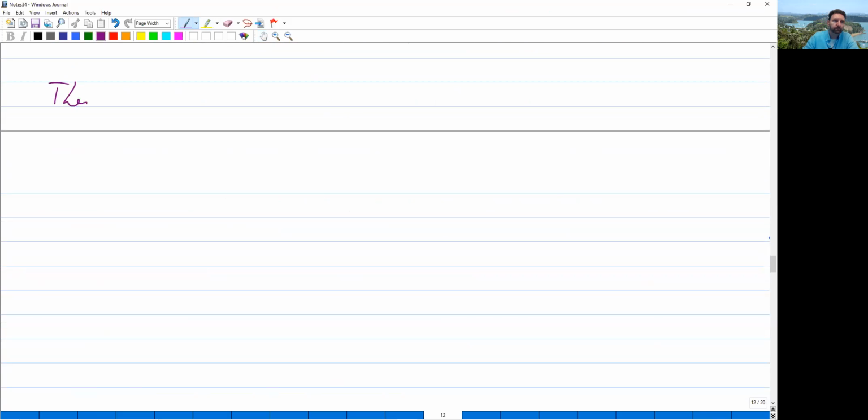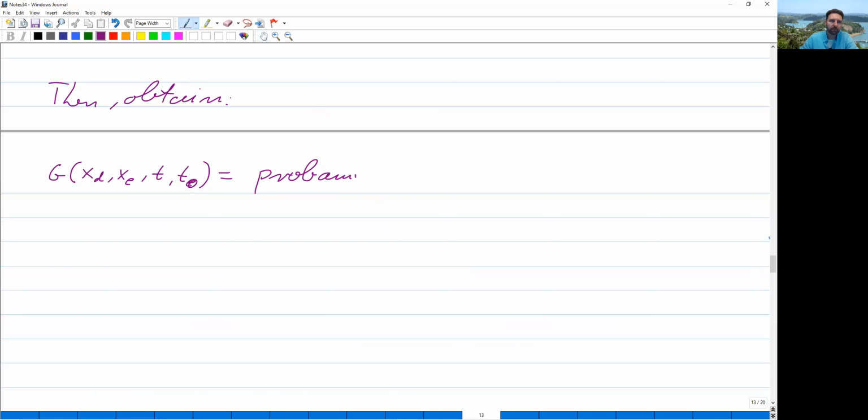So then we obtain that our Green's function from the emission location to the detection location is given by, well, the probability amplitude, of course, of x e at t0 into x detector at t.